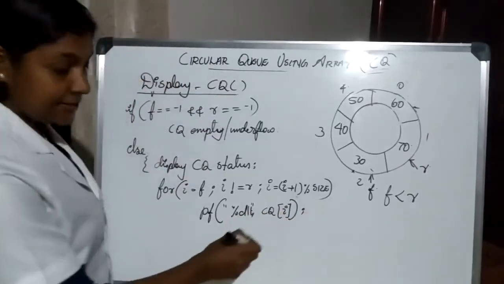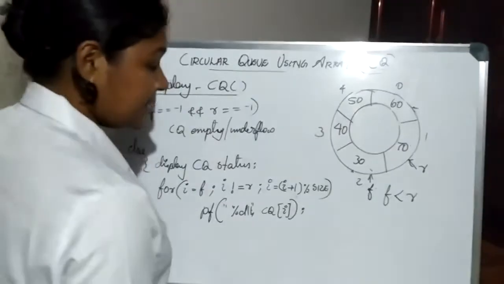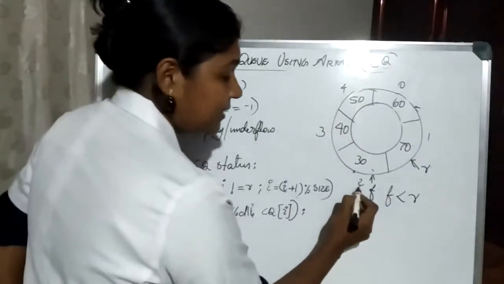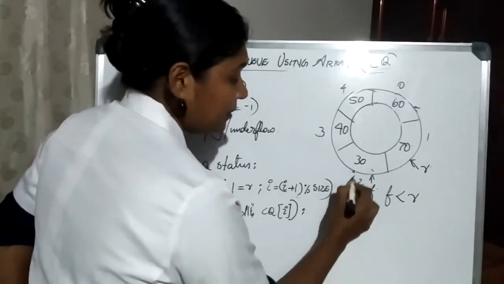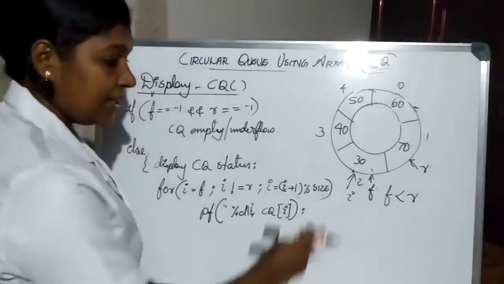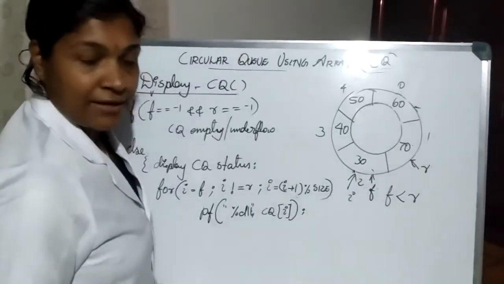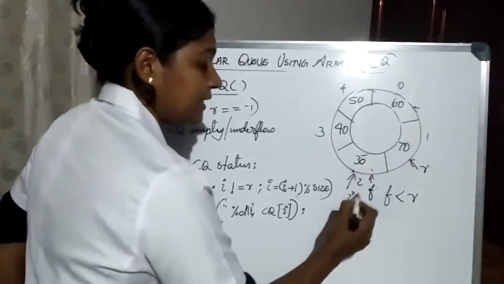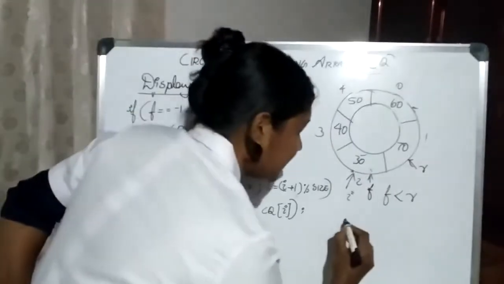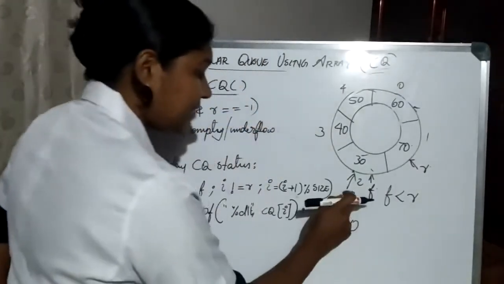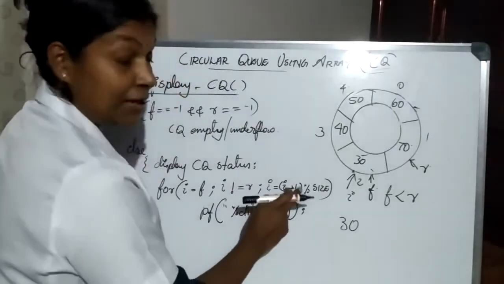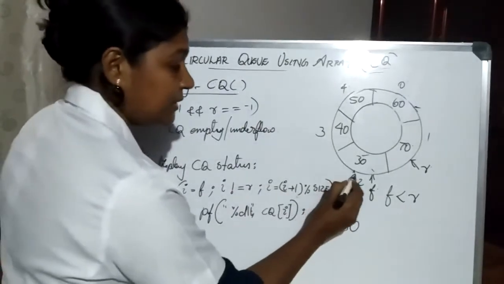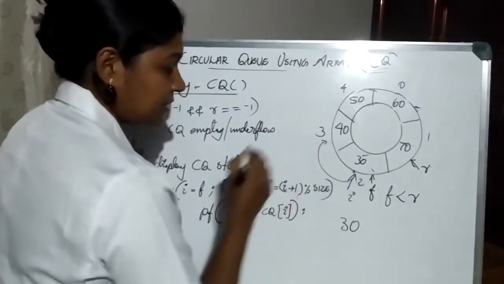So by giving this statement, what all elements will get displayed? We started the value of I from front. What are we checking? I not equal to rear, right? So considering 30, I is not equal to rear. So we displayed 30. Then incremented I equal to (I plus 1) mod size. So I is incremented to this position.